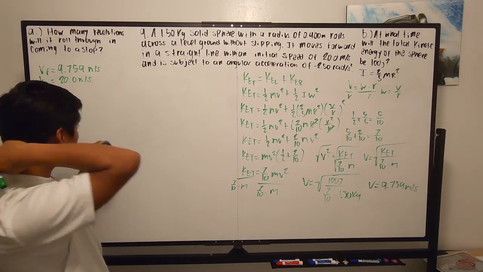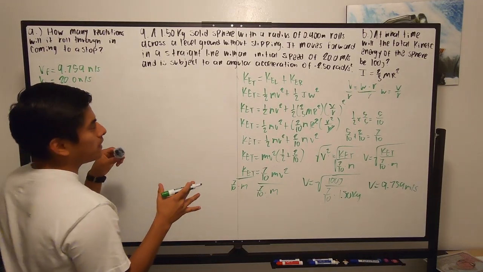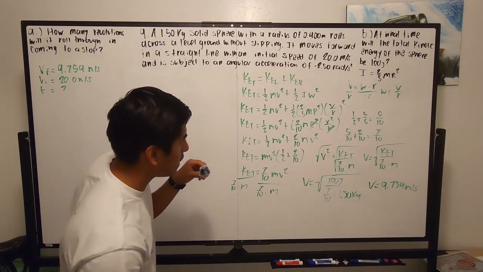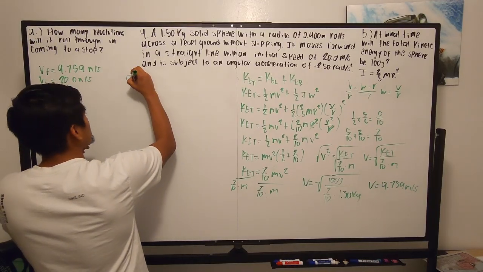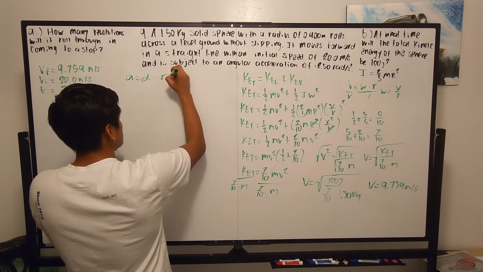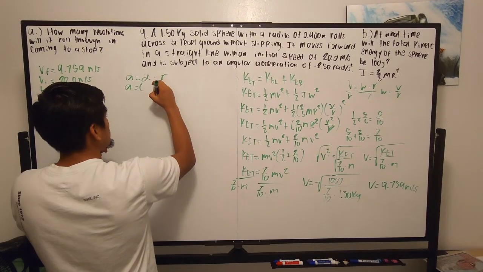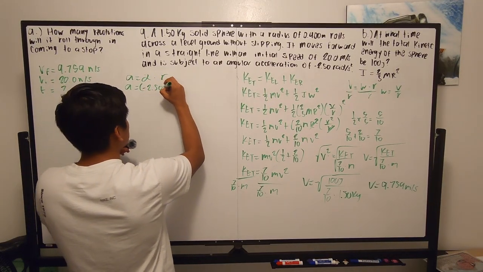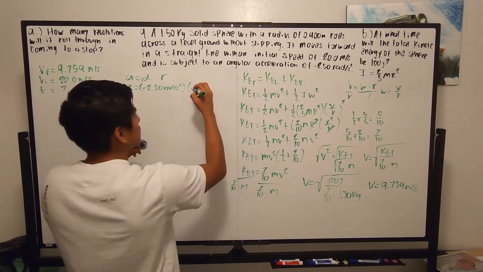And I know that, okay, so I'm finding my time. I don't know my displacement, but I do know the angular acceleration. And by using that angular acceleration, I can find my linear acceleration. So my linear acceleration is going to be equal to the angular acceleration multiplied by my radius. The acceleration is equal to my angular acceleration alpha, which is negative 2.50 radians per second squared, multiplied by my radius, which is that 0.4.